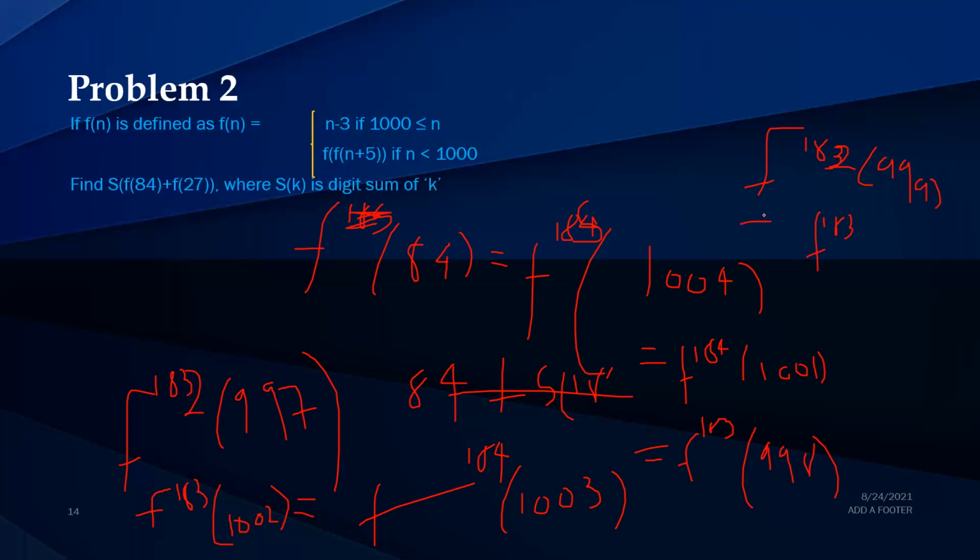So you will see the pattern that we can define this loop: f raised to n of 1004, we get f raised to n minus 2 of 1004. So this pattern will continue and we will have f3 of 1004.